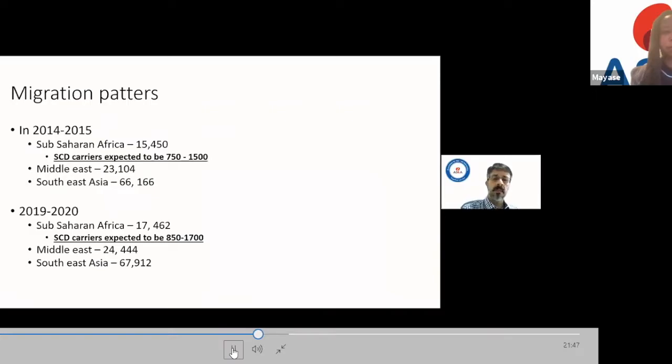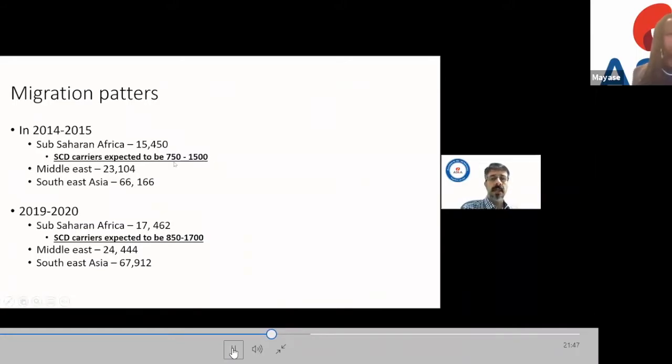As I said, migration patterns are changing. Over the last 5 years, the increase in migration from Africa has jumped a few thousand. So potentially we're looking at somewhere between 1,000 to 1,500 carriers of sickle cell disease migrating to Australia each year. This is a problem that will most likely get worse.